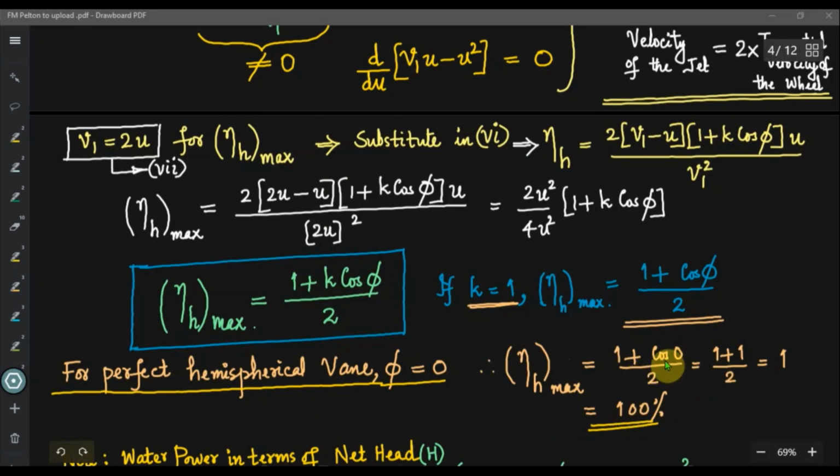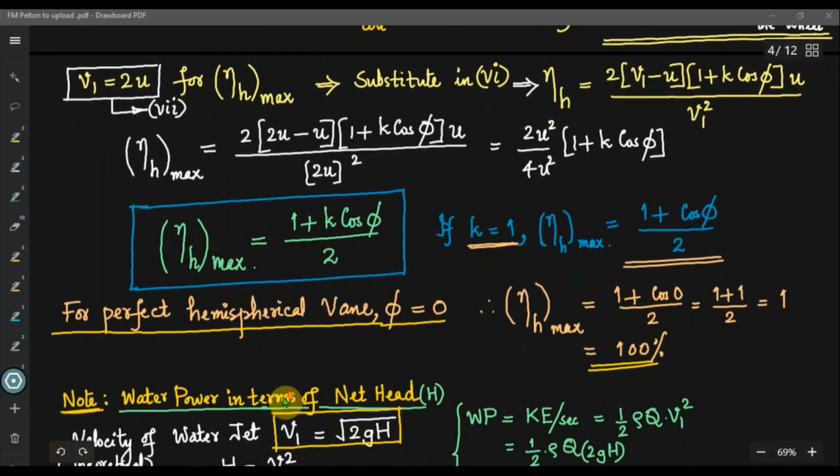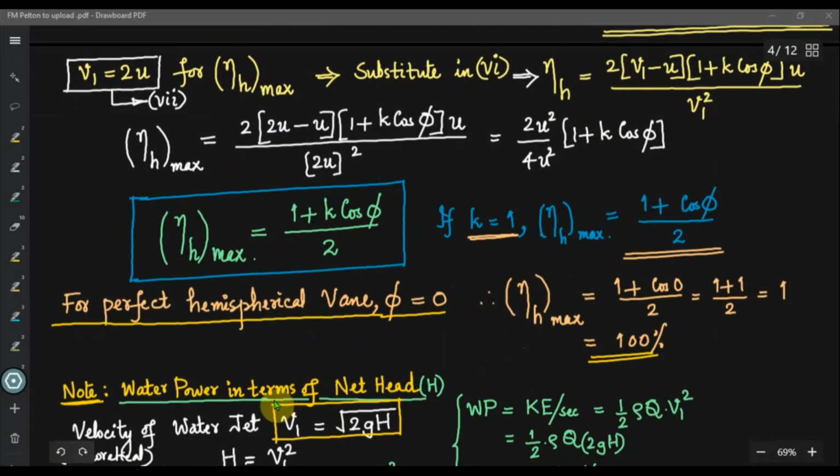So 1 plus cos 0, that is 1, 1 plus 1 by 2, that is equal to 1, and if you convert that into percentage, it is 100%. So 100% will be the hydraulic efficiency when we use perfect hemispherical vanes on the runner of a Pelton turbine.